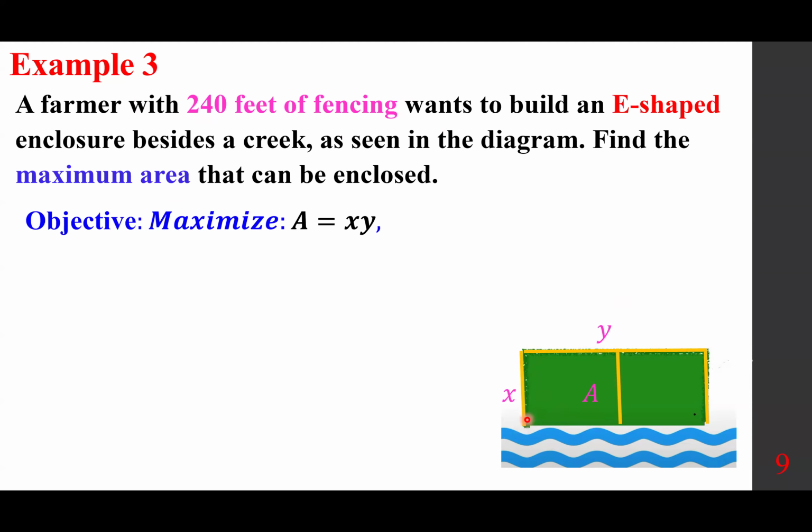This distance is x, so is this, so is this. This is x, this is x. So we have 3x and 1y. They add up to 240.